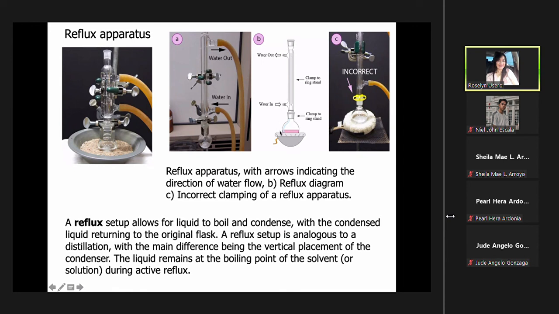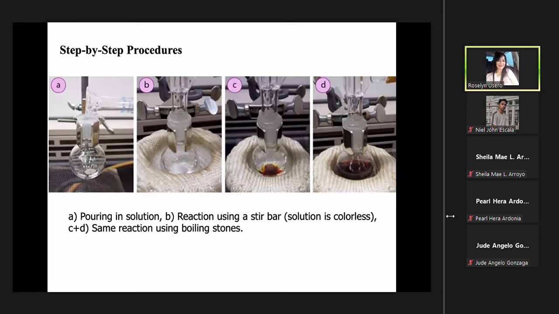This is used as an extraction technique. Okay, so that's the setup.